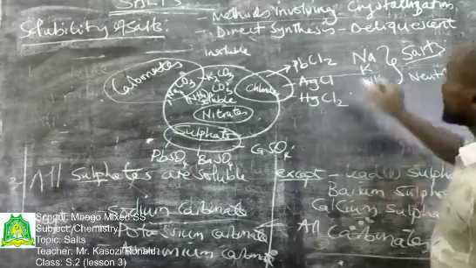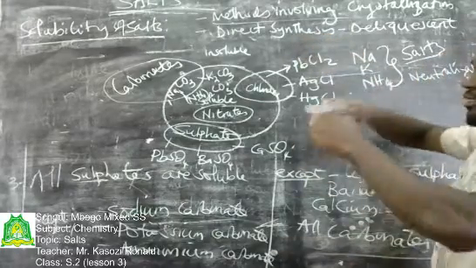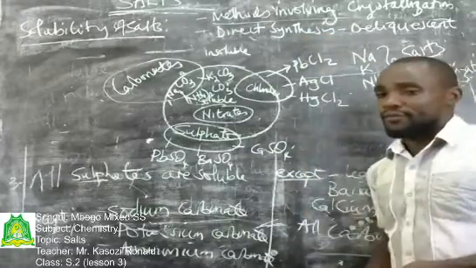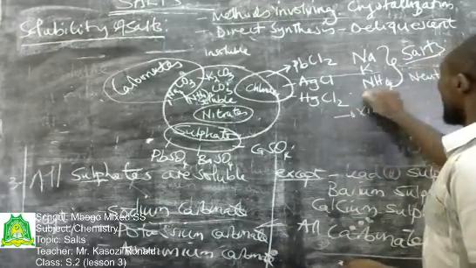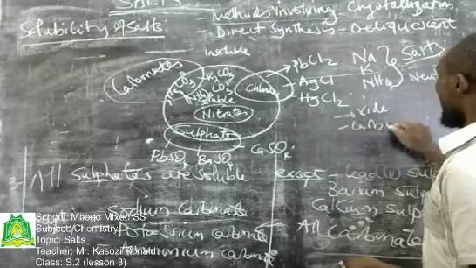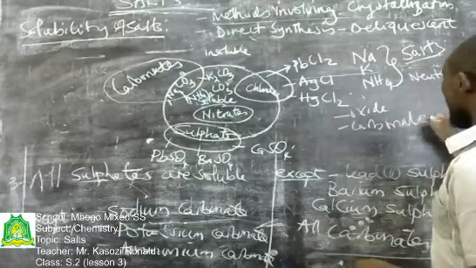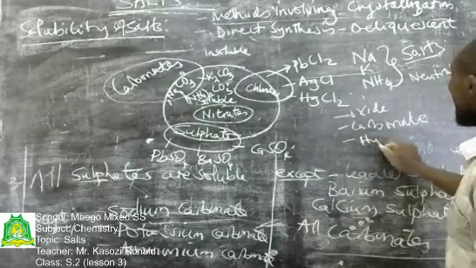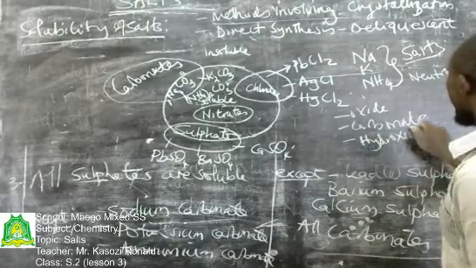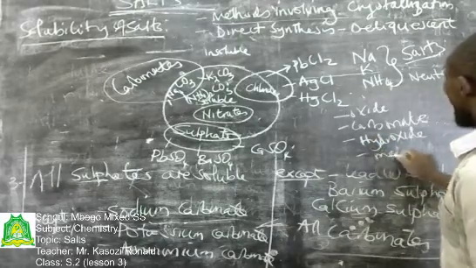Another method is where all the reactants are not soluble in water, for instance the oxide, carbonate, or hydroxide of a metal.